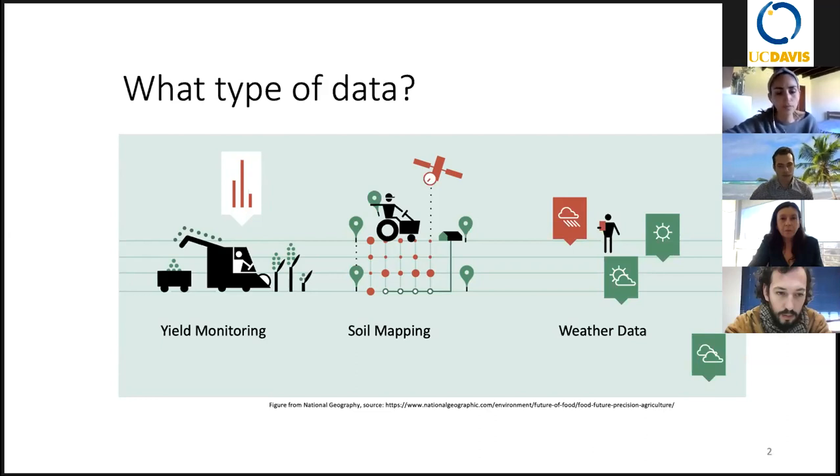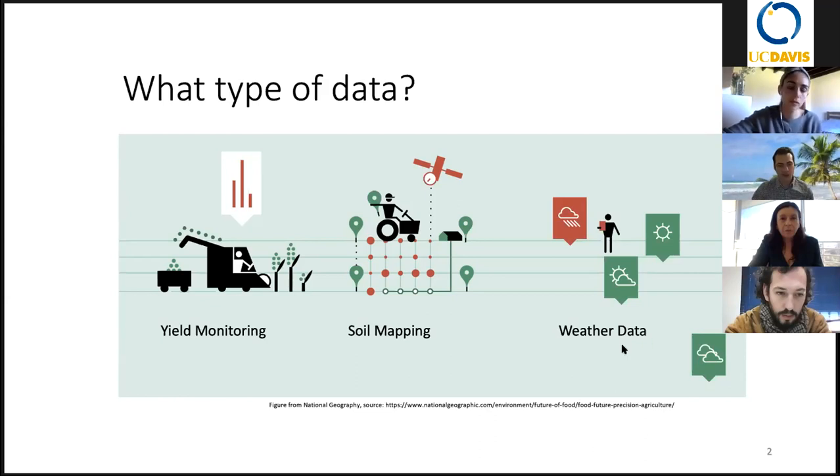Another way of using precision agriculture is to do soil sampling at different parts of the field. So that is not new. Soil sampling has been done for a long time, but precision agriculture provides the opportunity to do very precise, large-scale, high-resolution soil mapping that will improve the quality of your data and then improve the quality of the result.